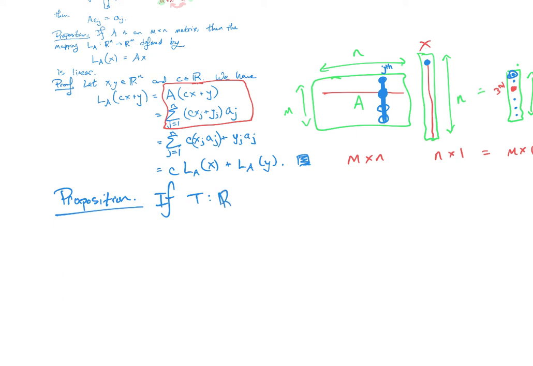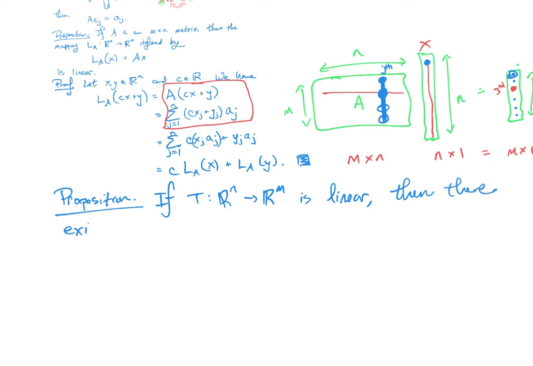Let's start. We want to go conversely. Before we said that a matrix gives us a linear transformation. Now a linear transformation gives us a matrix. So let's do Rn to Rm. Okay.